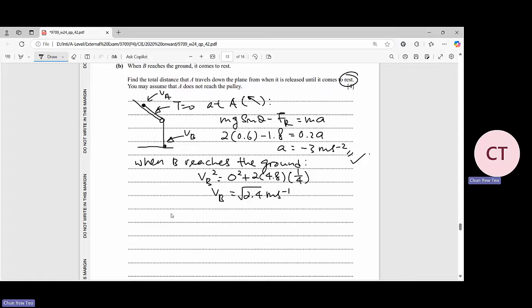So we use 0 square equals the square root of 2.4 squared plus 2aS. I'm using -3 for a, because particle A is having deceleration right now. Using your calculator, you find S is equal to 2.4 divided by 6, which gives 0.4 meter.